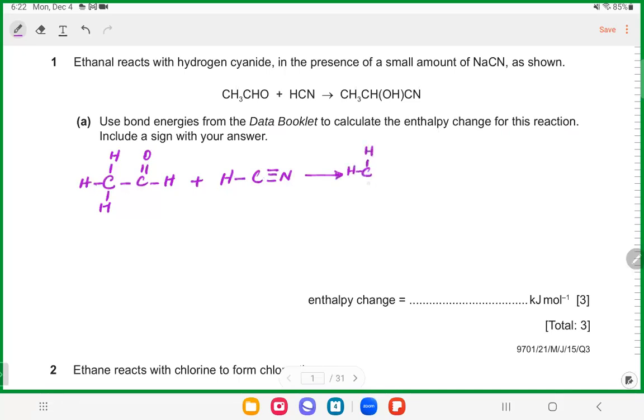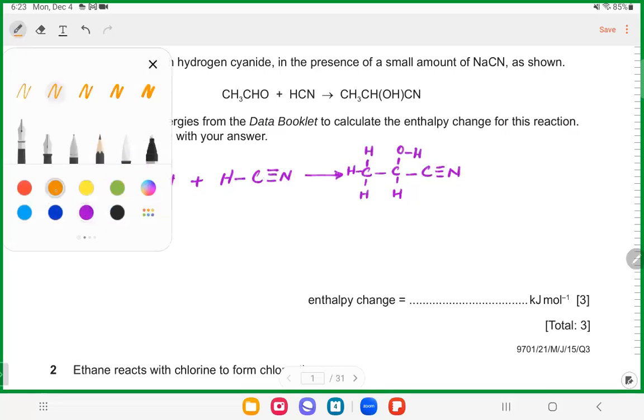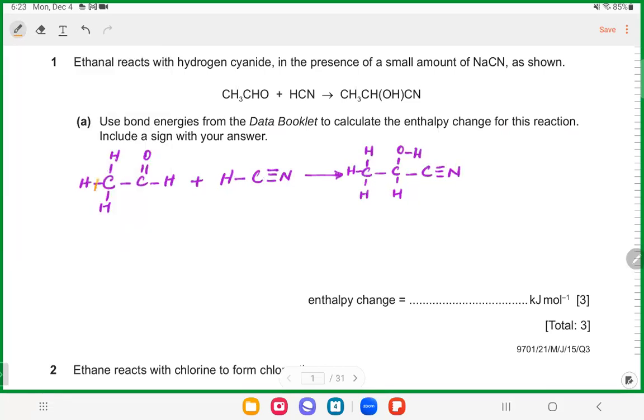Okay, so this is H, H, H, and then you have C, O, H, and then H, and then C triple bond N. Now just count how many carbon-hydrogen bonds you have. So 1, 2, 3, 4, 5.